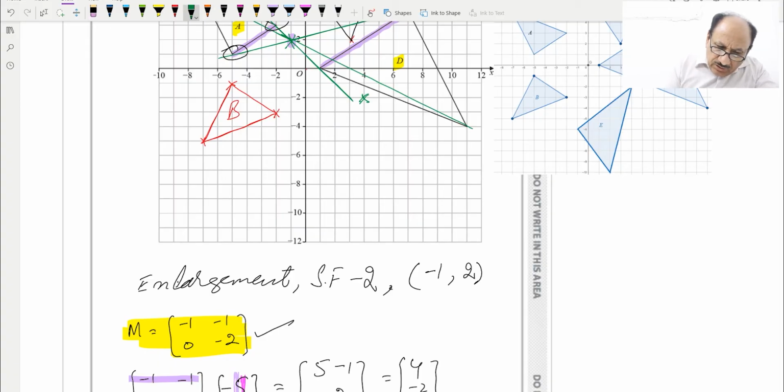Minus 1 and minus 6 will be this point. Yes, and then the next point is 2 and minus 10. So 2 and minus 10 will be this point, and we can join now, and this one will be the required transformation which we have done.